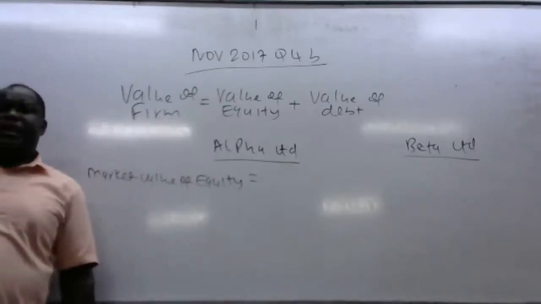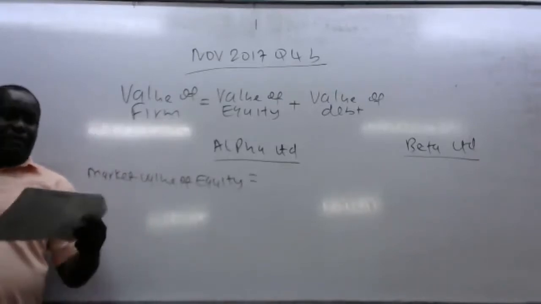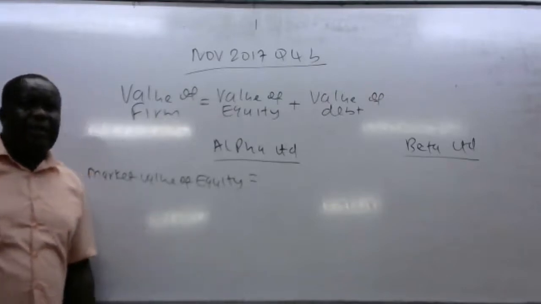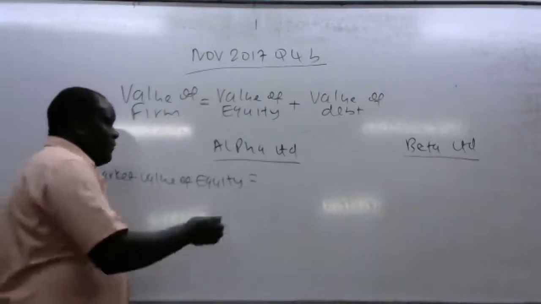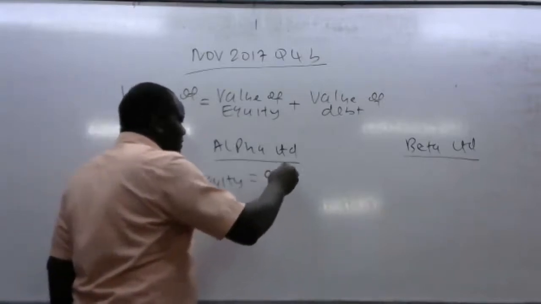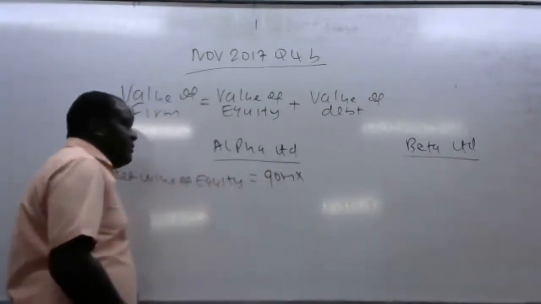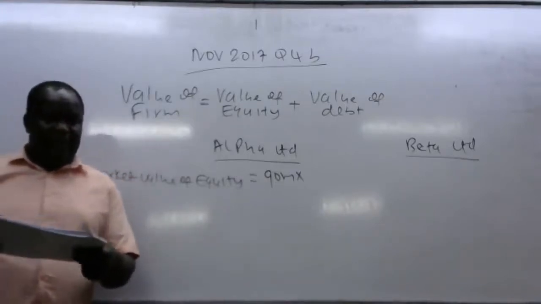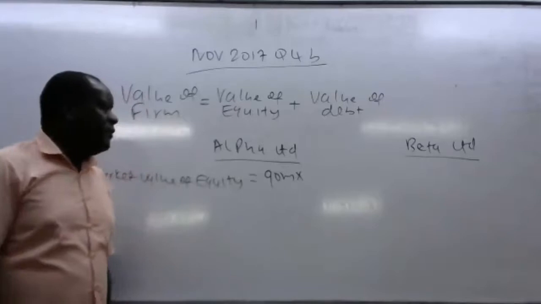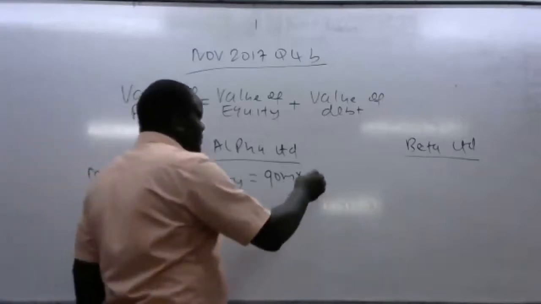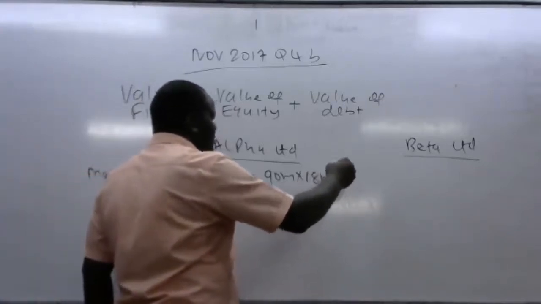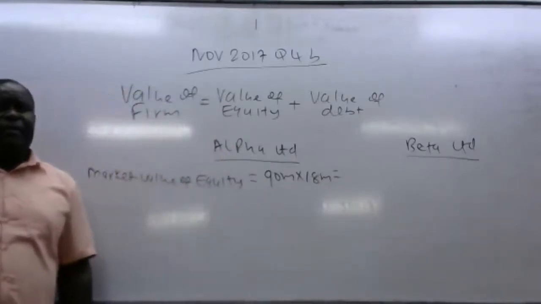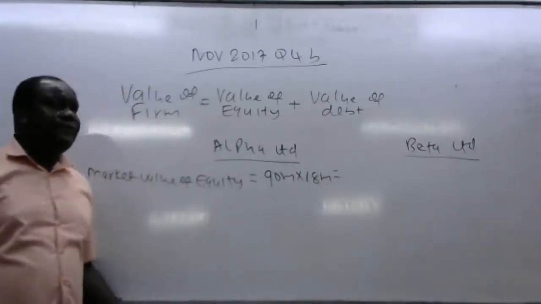When you check under Alpha Limited, market value for equity, the number of the ordinary shares is 90 million, multiplied by the current market price. Market price per share is given as how much? They were able to give you 18. So when you multiply, we should be able to come up with the value for that.